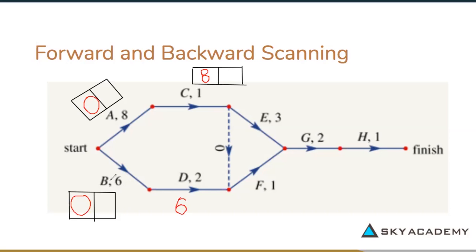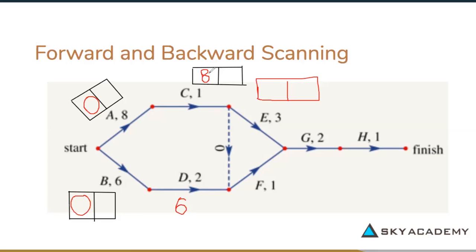When you go on to do the next one, let's just do E for example, you have to add the EST to the activity. So for E, I'll just quickly draw up a box. E can occur after C, and C can only occur after 8.